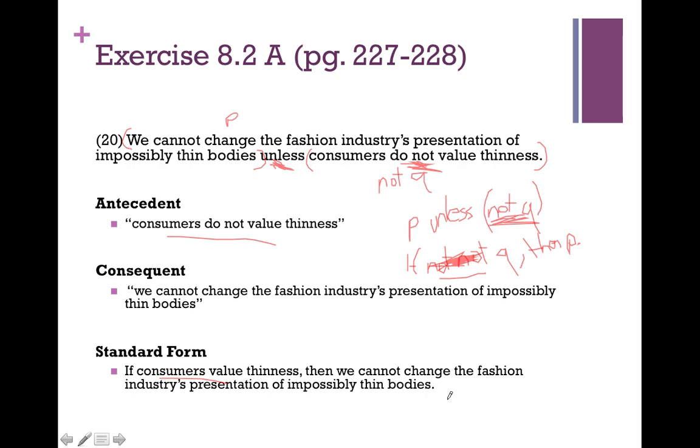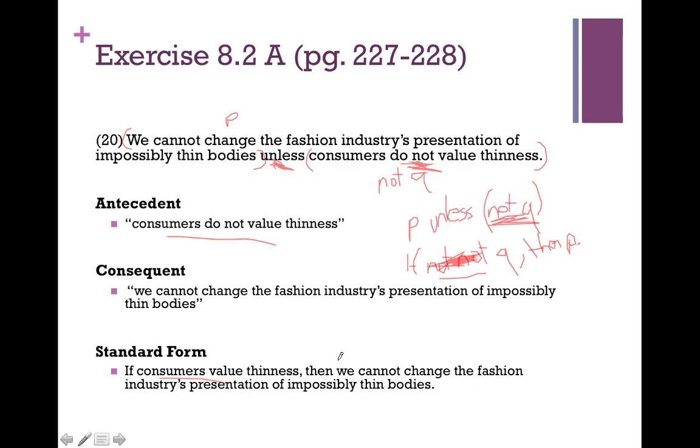We could also write this, which would probably be less intuitive. We could write the contrapositive of this, which would be, let's see, if we can change the fashion industry's presentation of impossibly thin bodies, then consumers do not value thinness, right?